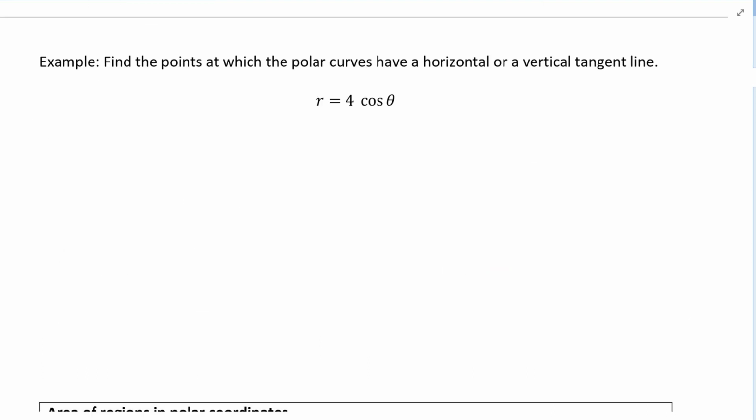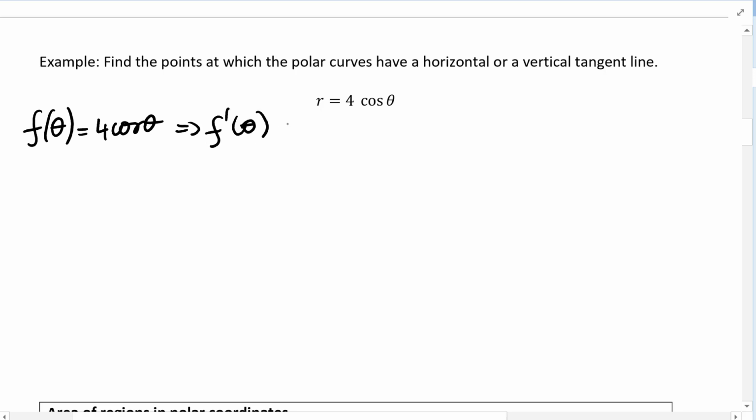Let's solve another problem. Find the points at which the polar curves have a horizontal or a vertical line tangent. So let's start by writing f of theta is equal to 4 cosine theta, which means f prime of theta is equal to negative 4 sine theta. Since we are talking about horizontal and vertical tangent lines, we are thinking of finding the derivative and going from there.